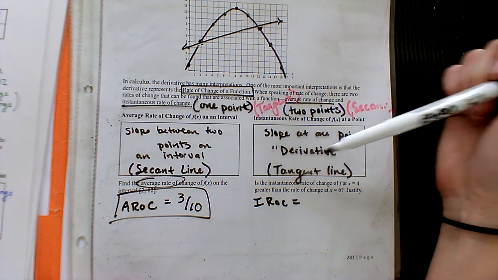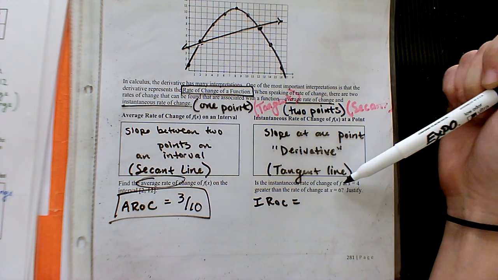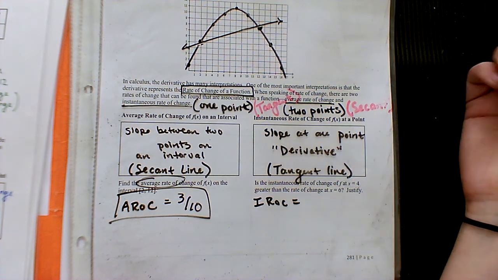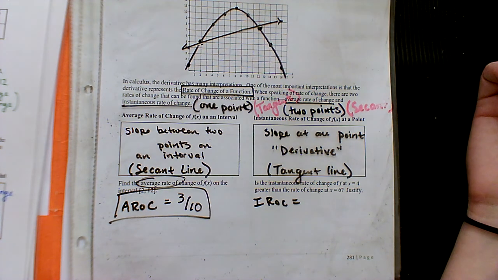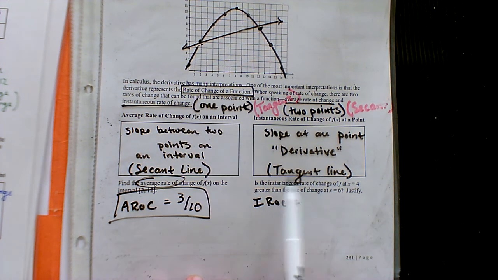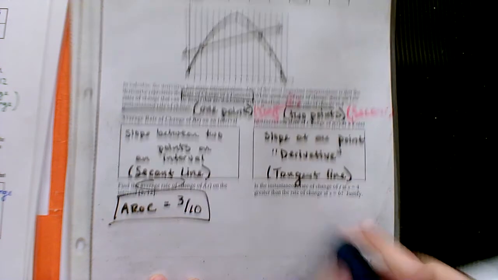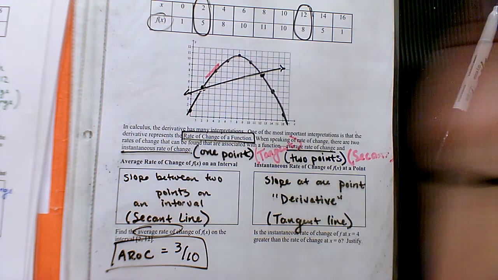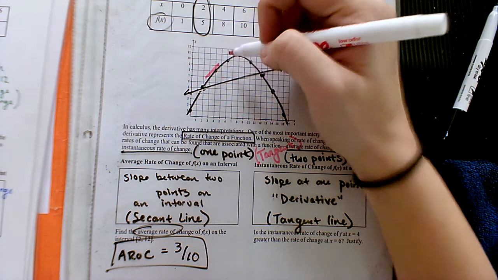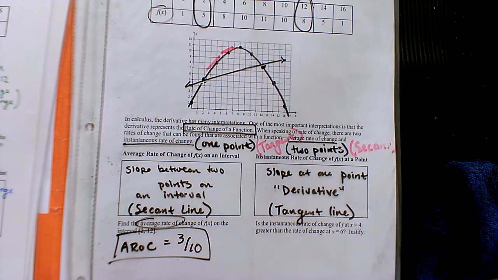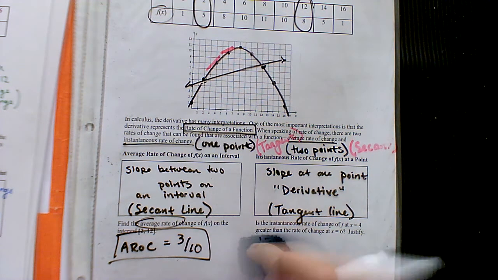All right, what about for the instantaneous? Is the instantaneous rate of change at 4 greater than the rate of change at 6? Justify your answer. Okay, so if it's an instantaneous rate of change, we want to kind of visualize a tangent line on the graph. So if I were to draw a tangent line at 4, is the slope of that line greater than the slope of the tangent line at 6? Yes. All right, so we'll use derivative notation.